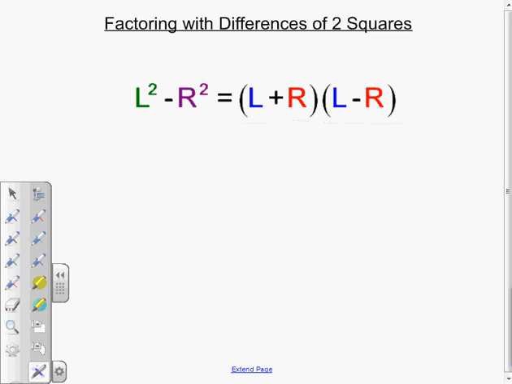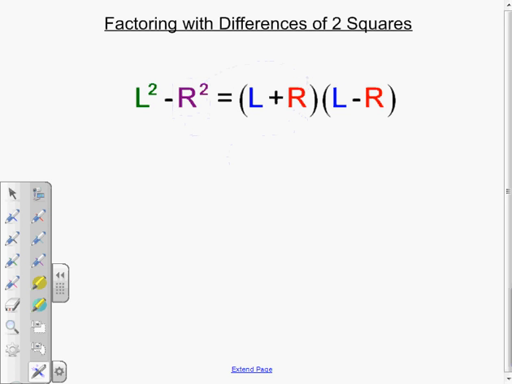The relationship that you need to see here is related to square roots, because how do we get from L squared to L? You just take the square root, because if you notice, you've cut the exponent in half. Similarly, how do we get from R squared to R? You take the square root, again because you've taken the exponent from 2 and made it 1.